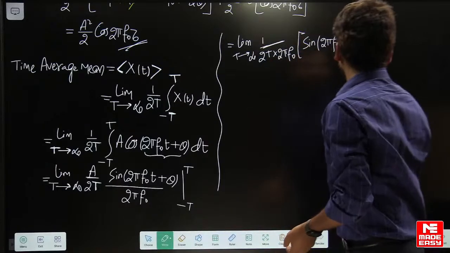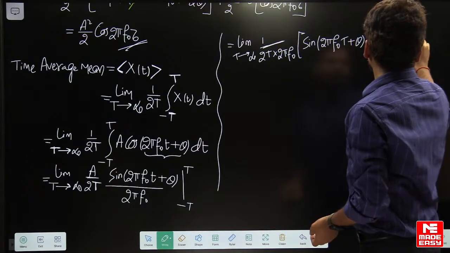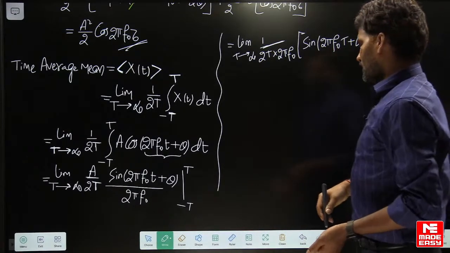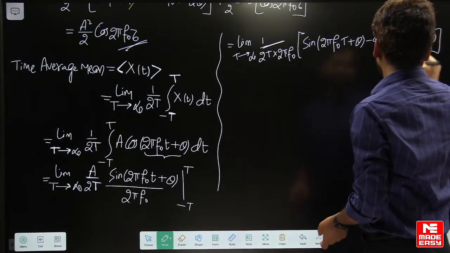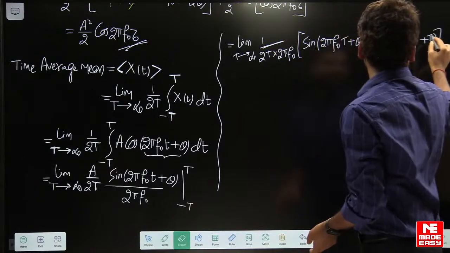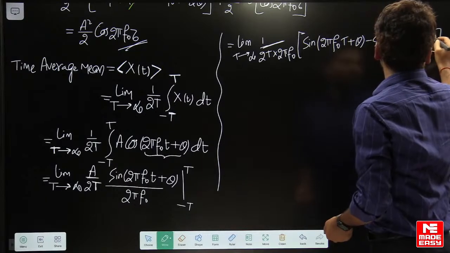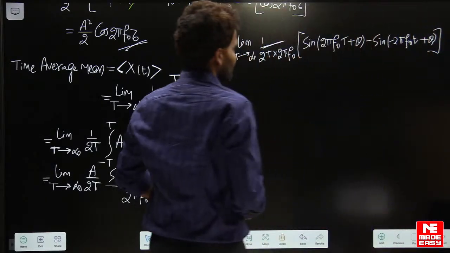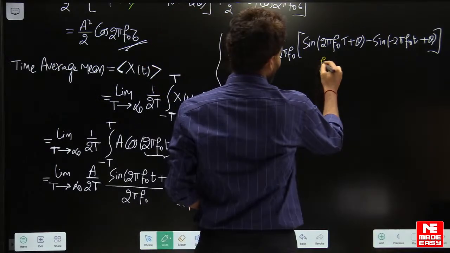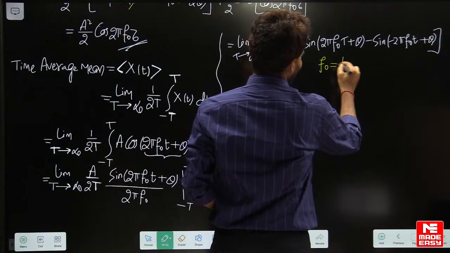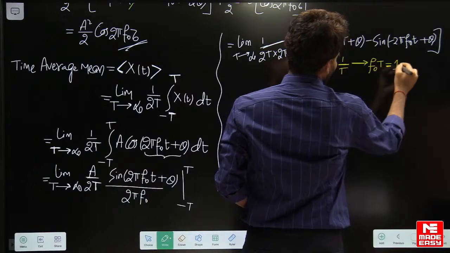And minus sine, if you substitute the lower limits, minus t, plus theta. Substitute upper and lower limits. The fundamental frequency f naught equals 1 by t, so f naught t is equal to 1.